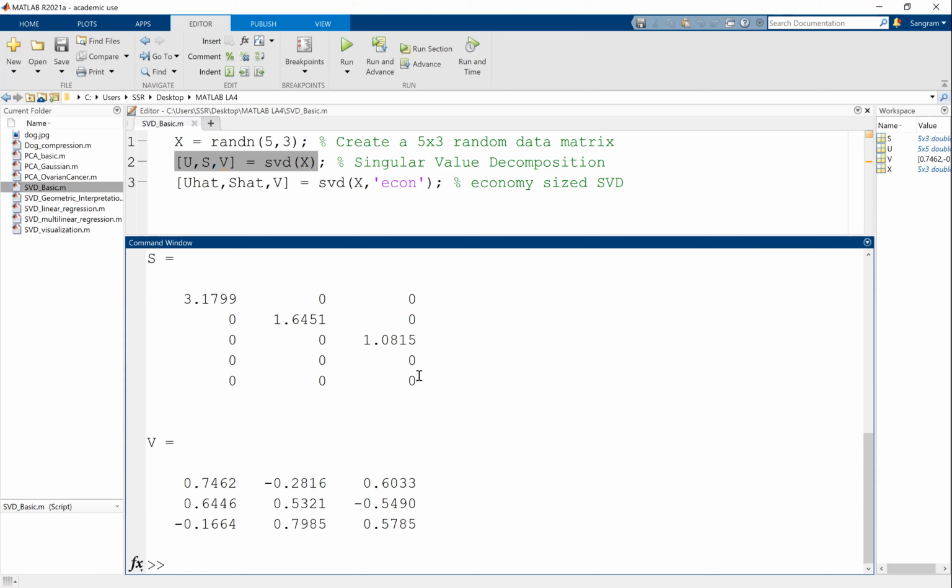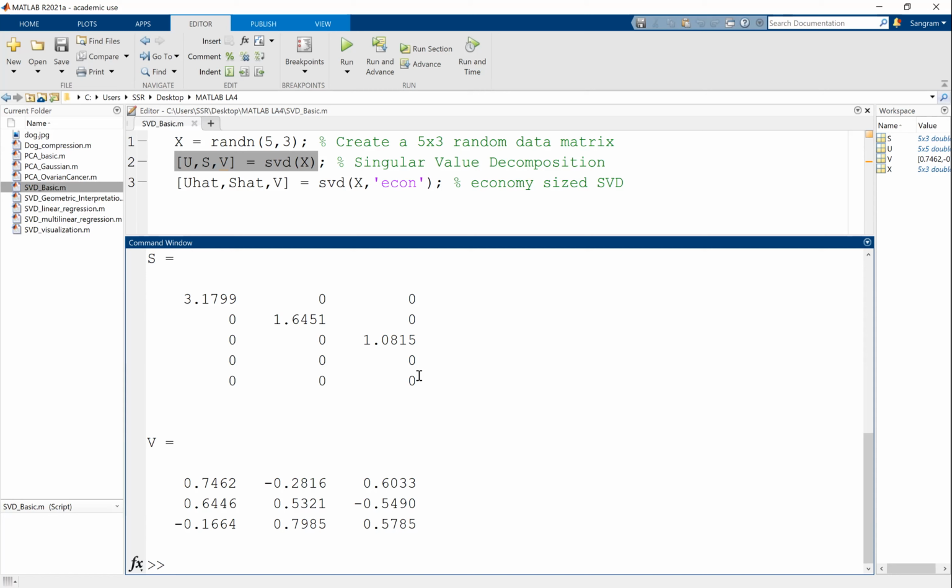Now, what does that mean? For a second, I want you to think about it. What that means is the most important information in the matrix, this is super important, is contained in the first 3 rows of U and the first 3 columns of V. Everything else can be ignored.